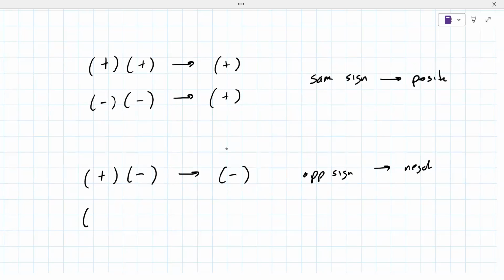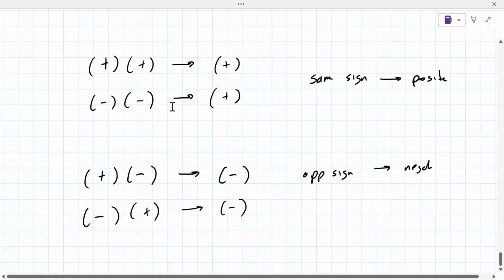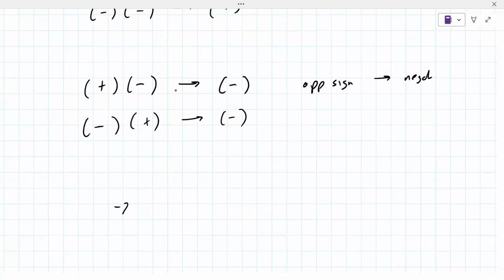And the same thing if it's flipped. If it's a negative times a positive, it also becomes negative. So you have to know these rules. You have to just know them. Again, if I ask you -2 times 5, is it positive or negative? It's not the same sign.